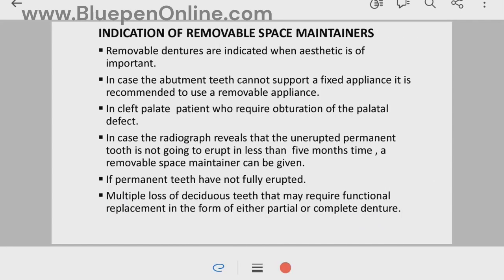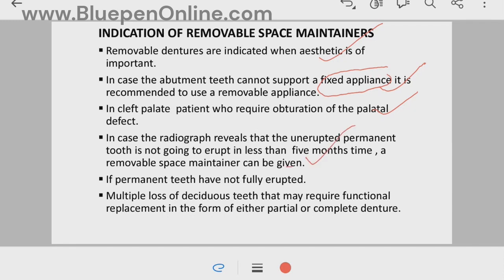Now, indications of the removable space maintainer. Aesthetics is important, so we can use it. In case abutment teeth cannot support a fixed appliance, you can use it. For a cleft palate patient who requires obturation of the palatal defect, you can use it. If a radiograph reveals that the unerupted permanent tooth is not going to erupt in less than 5 months' time, a removable space maintainer can be given.